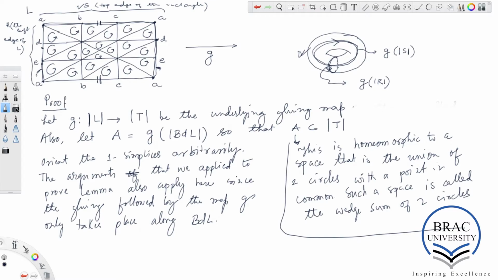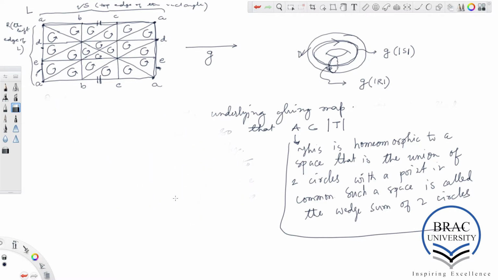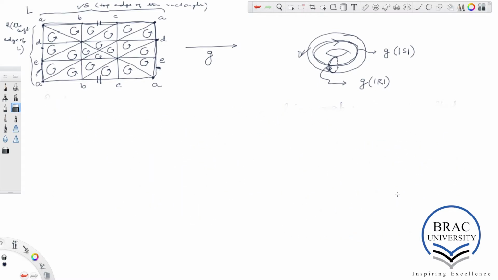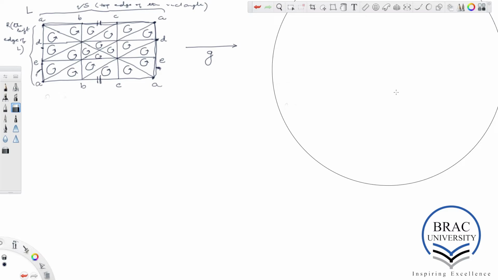So it's better if I erase this donut here and try to draw another torus, illustrating the fact that all these two simplices stay intact under the identification.